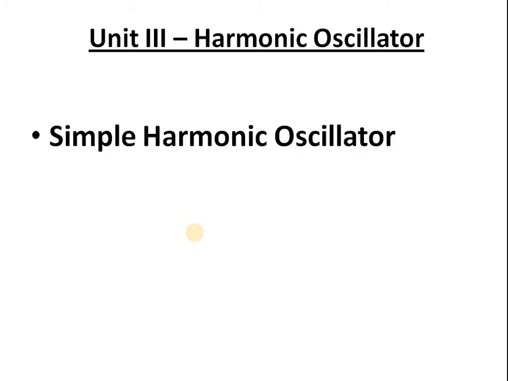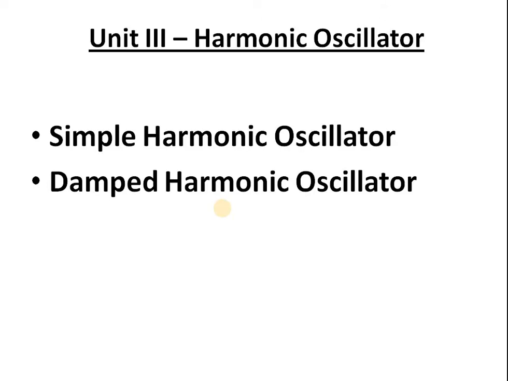Now as a part of our convenience, we will begin with unit 3, that is about harmonic oscillator. And in harmonic oscillator, there are 3 different sections. The first section deals with the simple harmonic oscillator and associated phenomena.